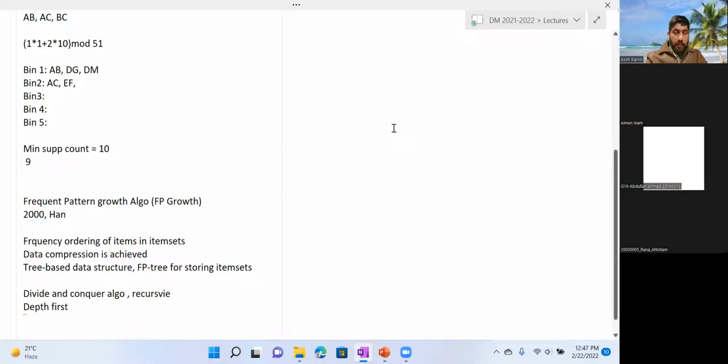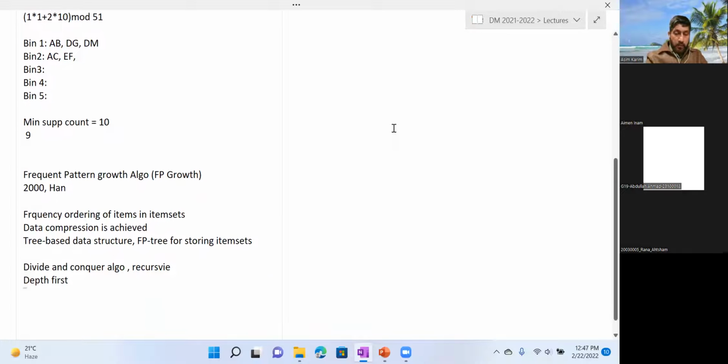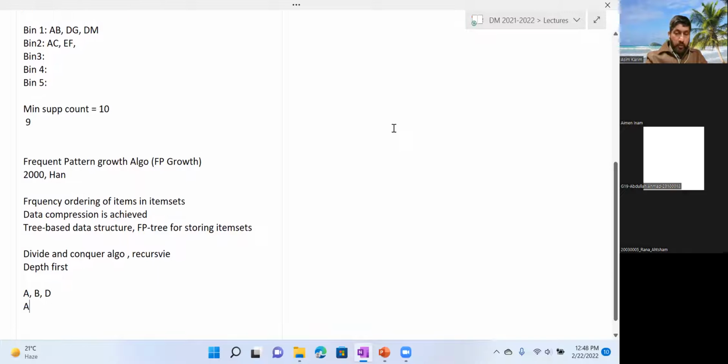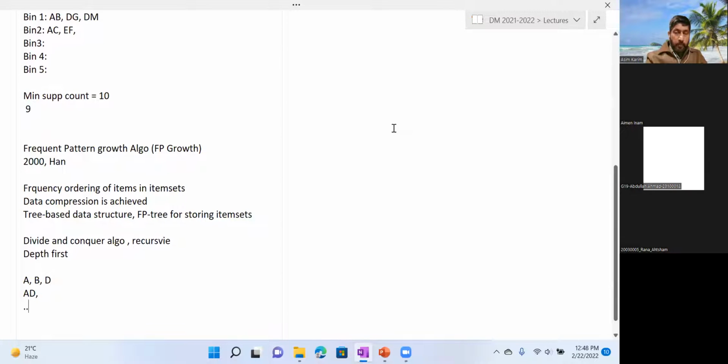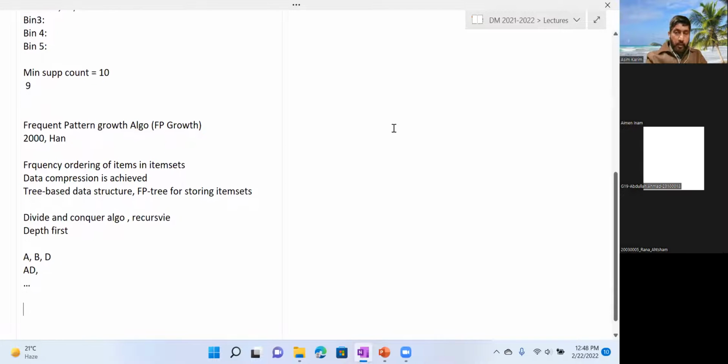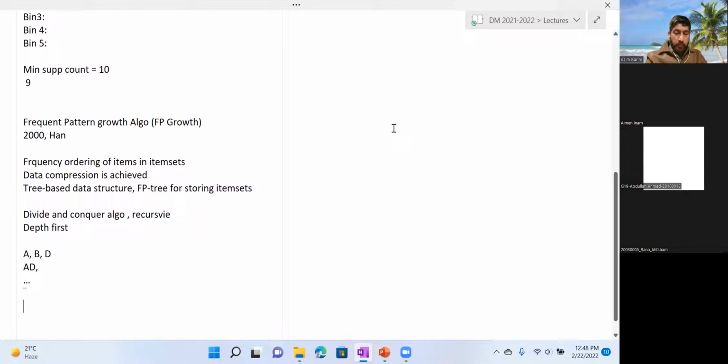Remember, a priori was breadth first, meaning that we did level by level growth. We first found single items, then moved on to 2 items, and then 3 items. While in FP growth, we will, let's say, start with A, and then generate the next one, AD, and then ADE, let's say, and so on.